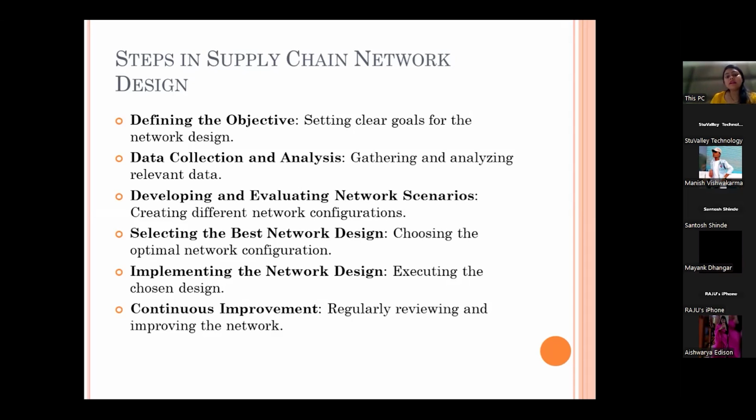If that network design scenario fits into place, then we will select that design, make profits, and advertise our product in the market. But at the start of the business, we cannot have one network design, as it can differ as per the demand.